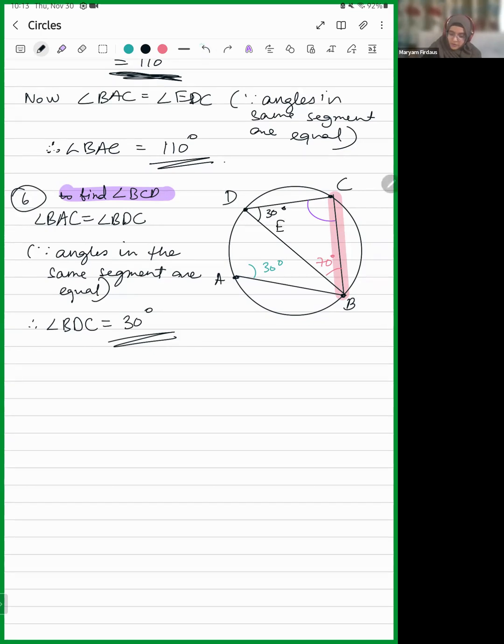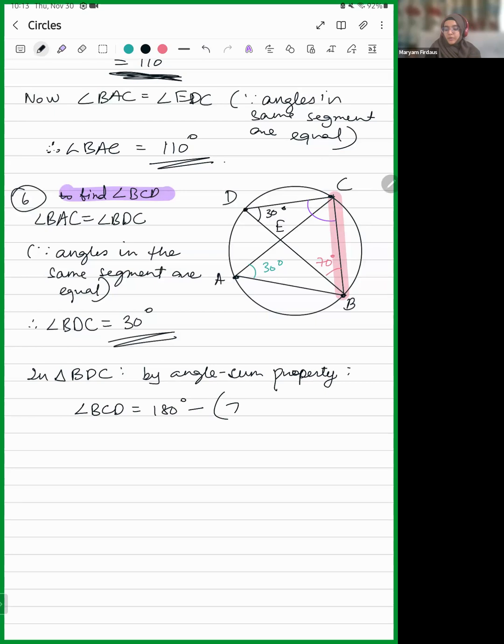Please write it down: in triangle BDC, by angle sum property, angle BCD is going to be 180 minus the sum of 70 and 30, which is 180 minus 100, which is 80 degrees. So this is angle BCD.